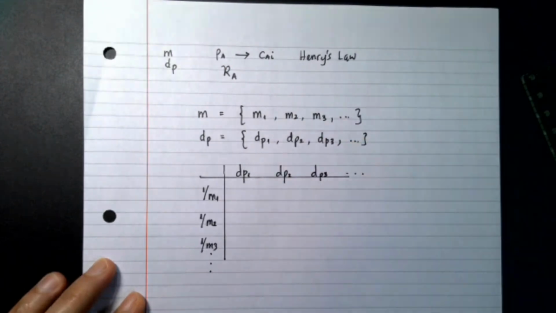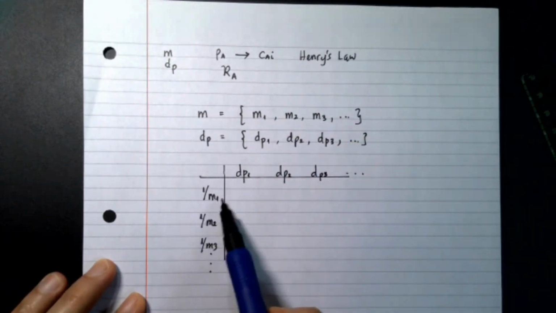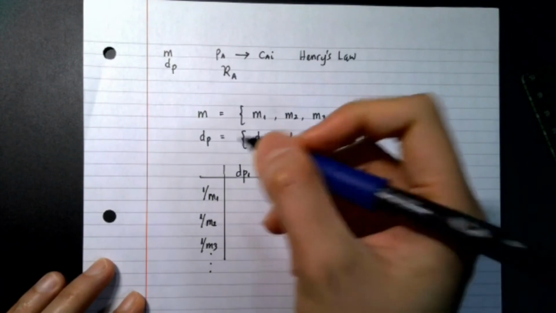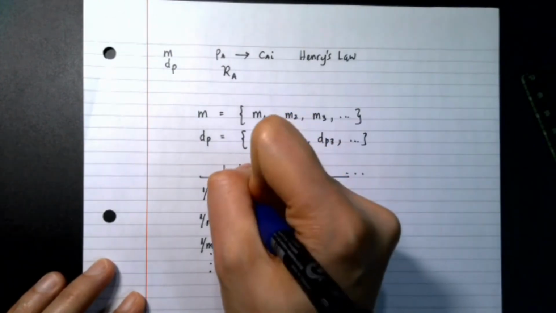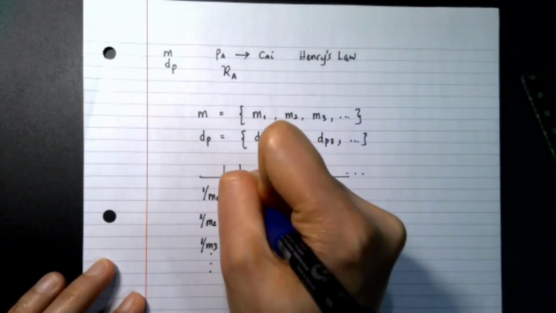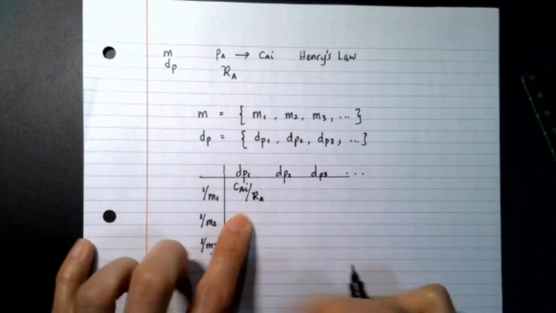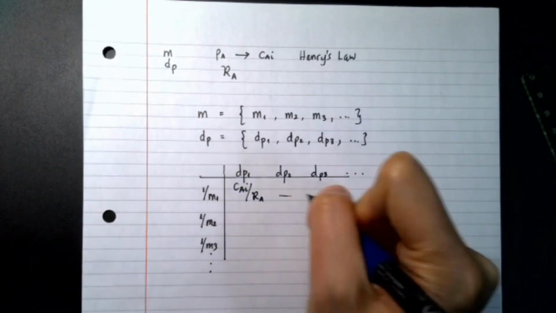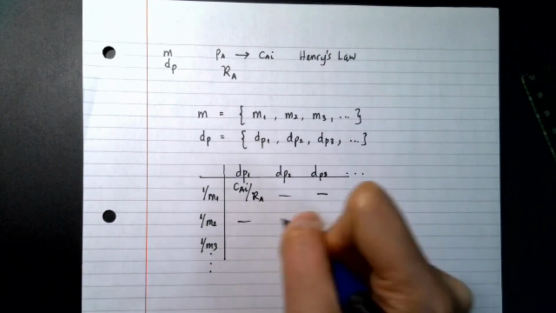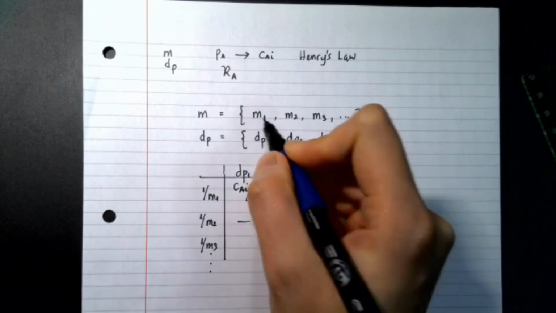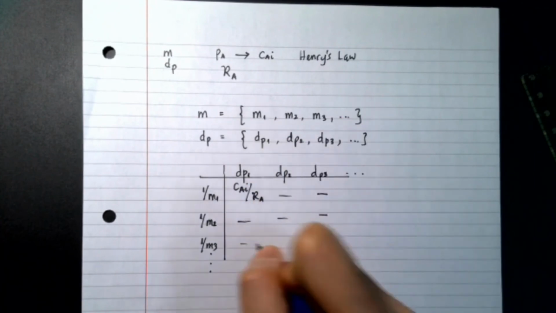And for every combination of catalyst loading and particle size, you will have CAI divided by RA.